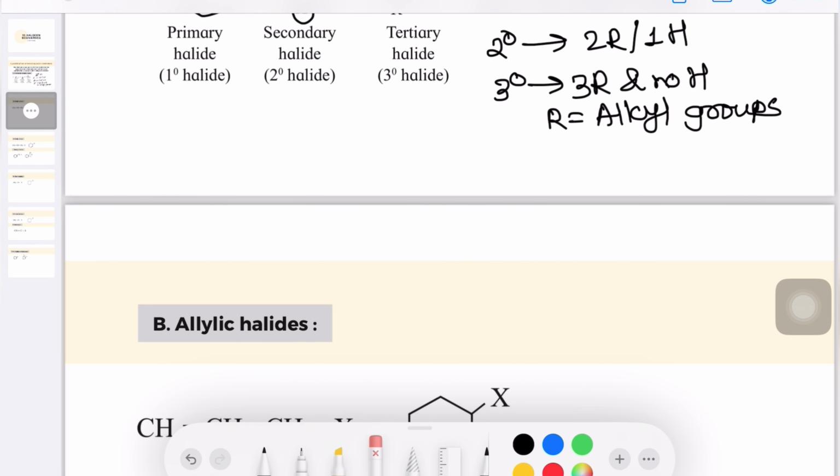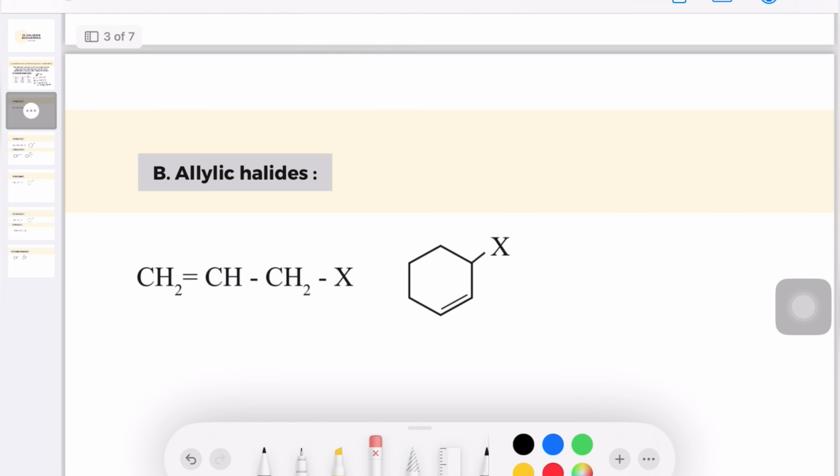The next is allylic halide. In allylic halide, the halogen atom is bonded to an sp3 hybridized carbon atom next to a carbon-carbon double bond. First of all, what is meant by sp3, sp2 and sp hybridized carbon atoms?